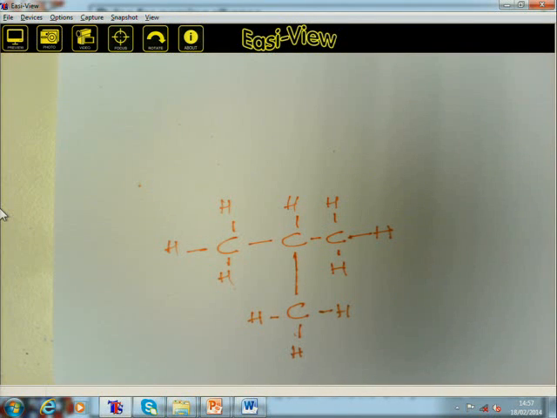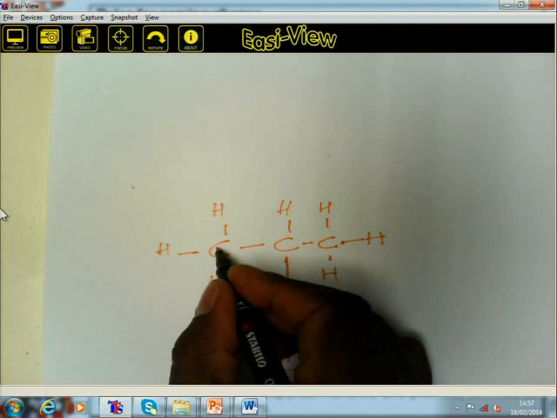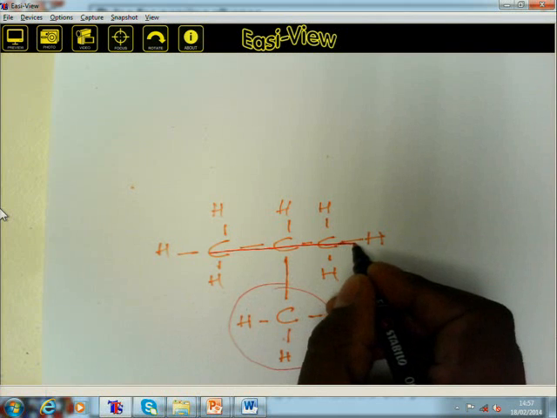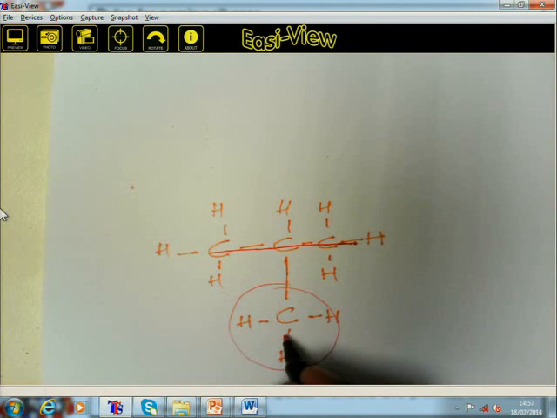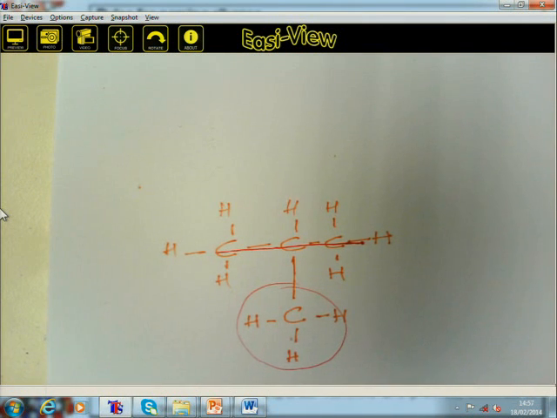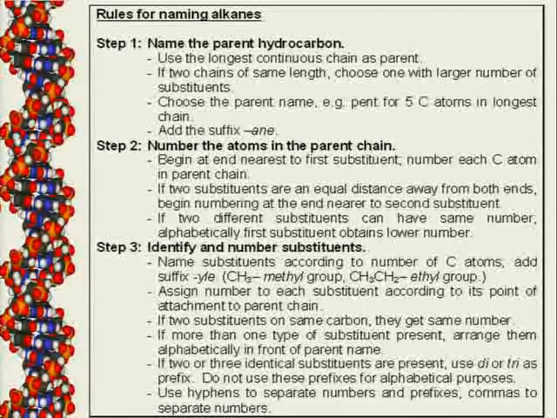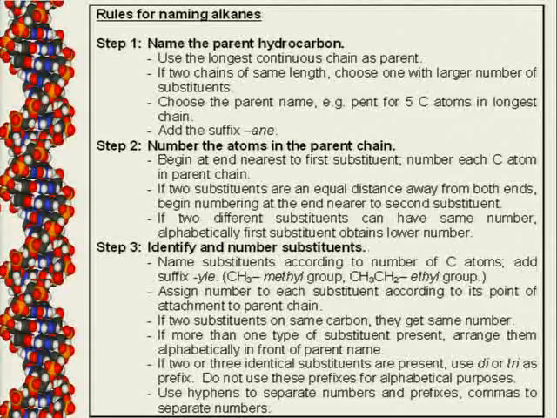So we're referring to this, the one that is connected to the one with the long chain. This part here, we call it a substituent. Sometimes they refer to it as a branch or a substituent. So you must look at the compound and check which one will form a long chain. How many carbons are in the long chain, and the number of carbons will determine the parent name. And then from there you check your substituent.